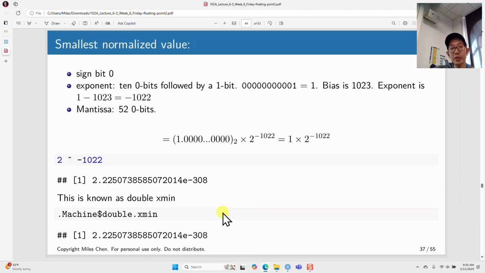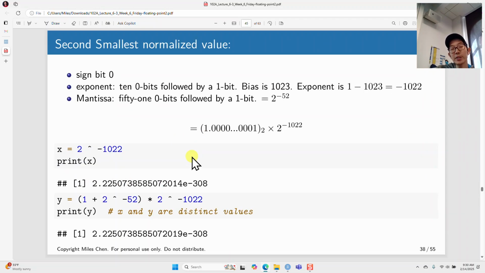Machine epsilon, okay, the second smallest value is going to be 1 plus 2 to the negative 52 times this, okay, times 2 to the negative 1022.